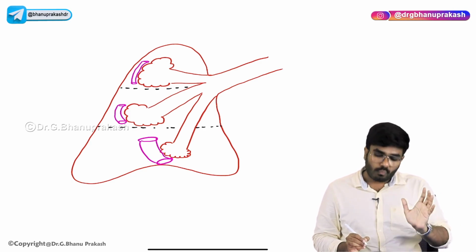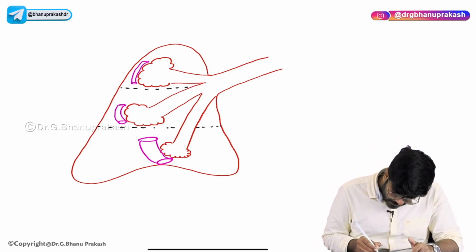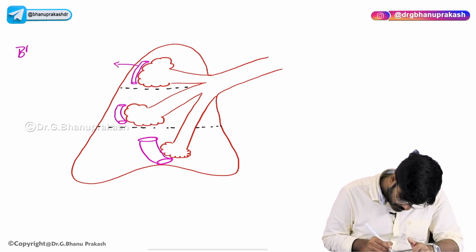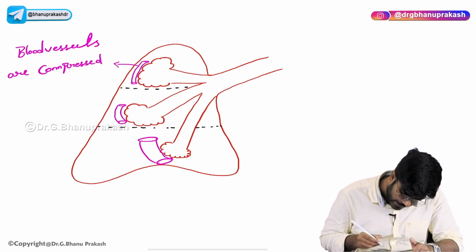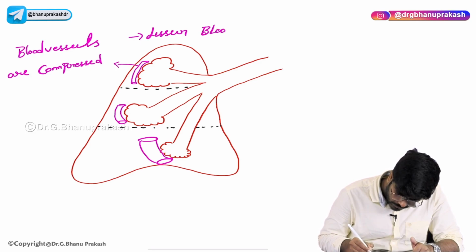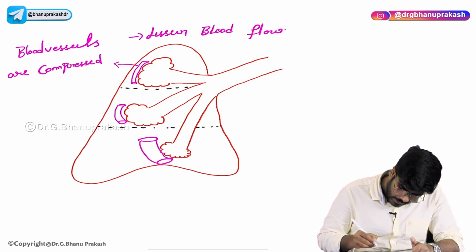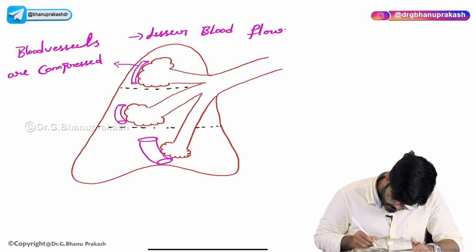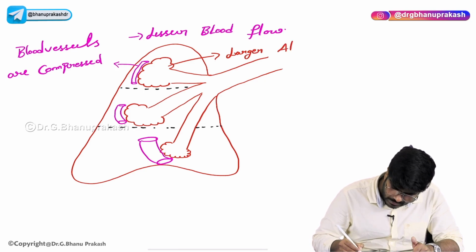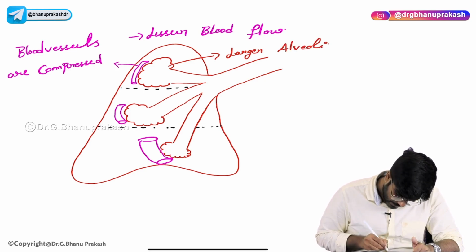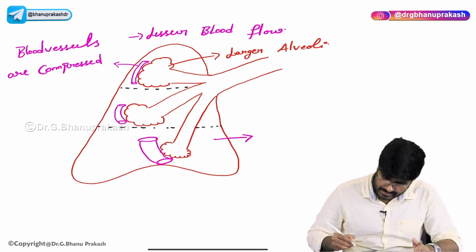So, with this, what can we say? We can say that in the apex of the lung, blood vessels are compressed and have lesser blood flow. And if I am talking about alveoli, in the apex of the lung there are larger alveoli, and the total opposite is in the base of the lung.